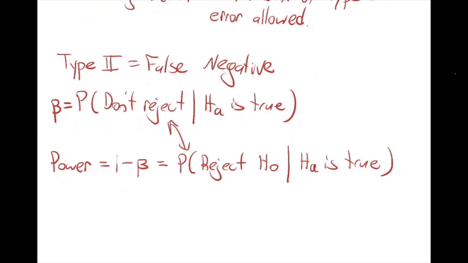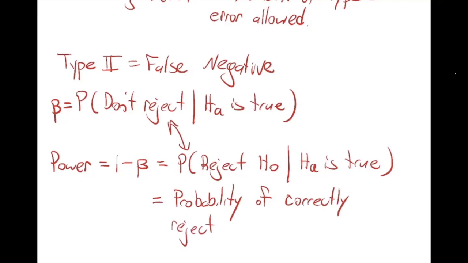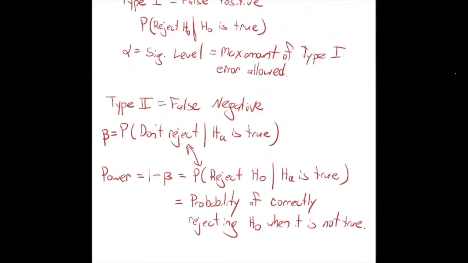Once we know the probability of a type 2 error, which is the probability of making a mistake when HA is true, we can then calculate the probability of correctly rejecting the null hypothesis. And that's where we left things for the semester.